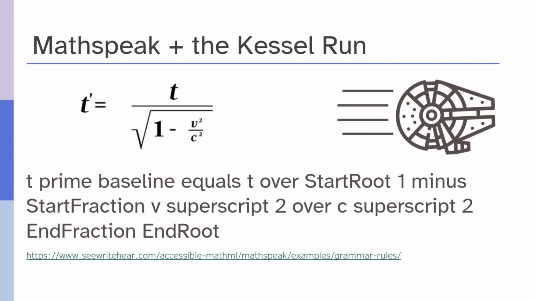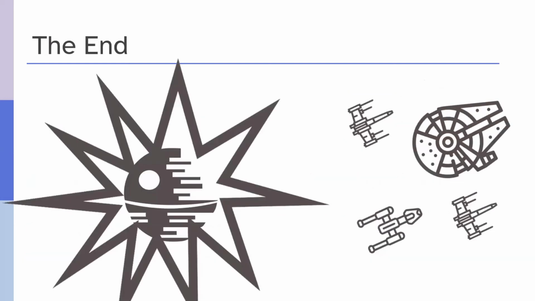I've included the link there to the grammar. There's pages and pages of grammar for how to actually write out equations and mathematics. It's really straightforward to learn, actually, and can make a real difference to the accessibility of your mathematics content. So definitely a shout out for MathSpeak if you're not using MathML.